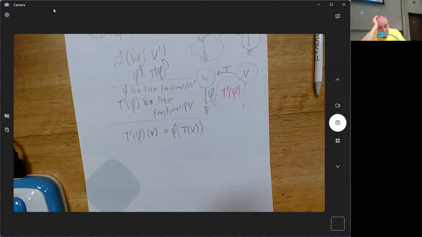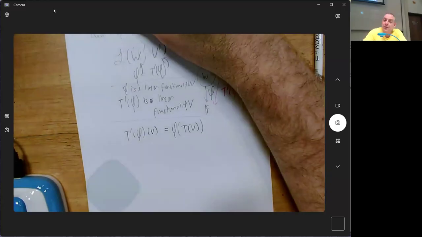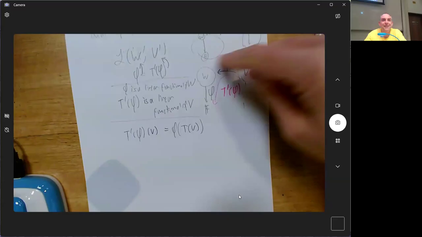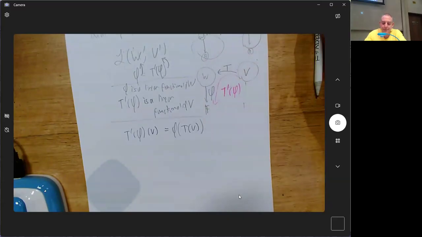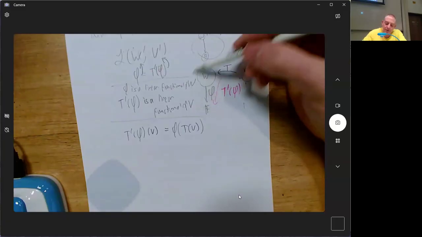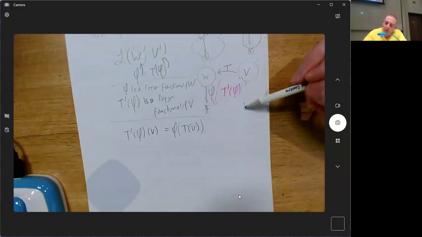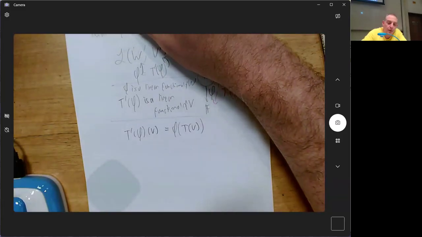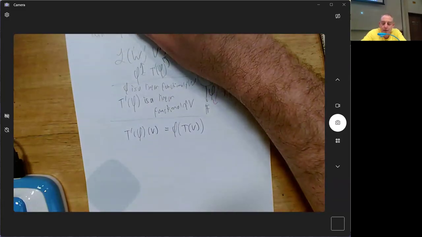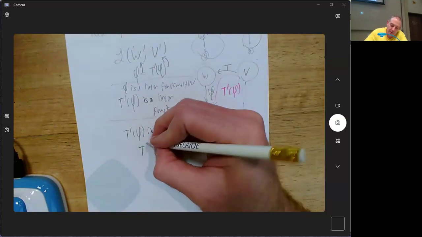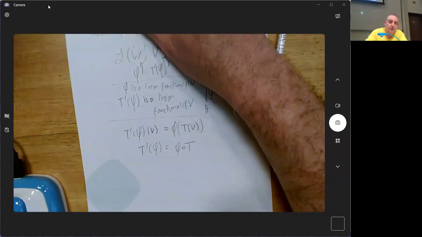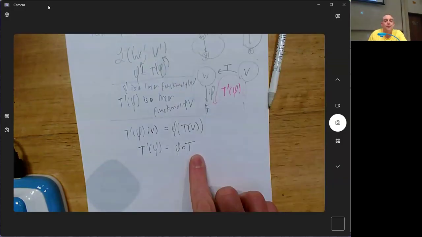Yep. That's going to be slippery to hold on to in my mind, but this picture helps me. So the set of all of these things is what W dashed is. The set of all of these things is what V dashed is. And so they've written this as T dashed of phi is phi composed with T. But that's what this means.